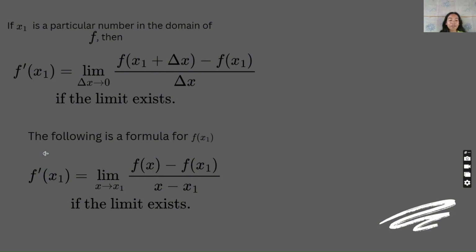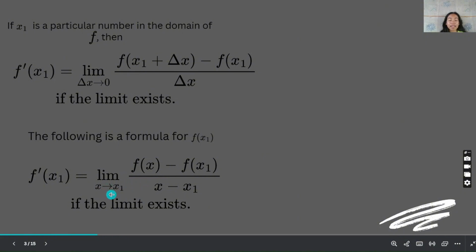The following is a formula for f prime of x sub 1. Now, for formula number 3, f prime of x sub 1 is equal to the limit of f of x minus f of x sub 1 all over x minus x sub 1 as x approaches x sub 1, if the limit exists.